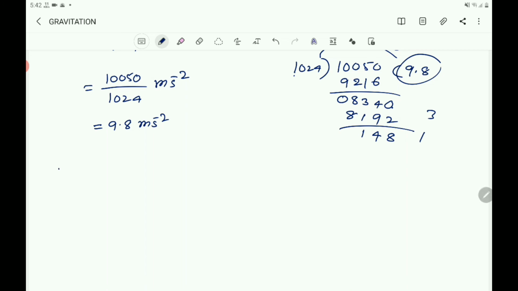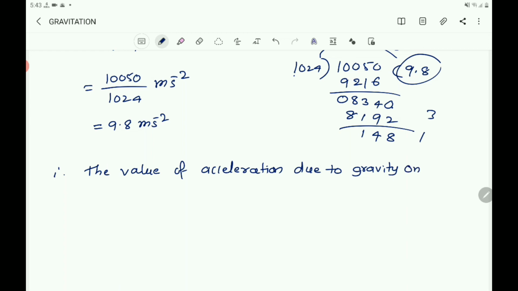So therefore you write, the value of acceleration due to gravity of the earth, g equals 9.8 m s to the power of minus 2.